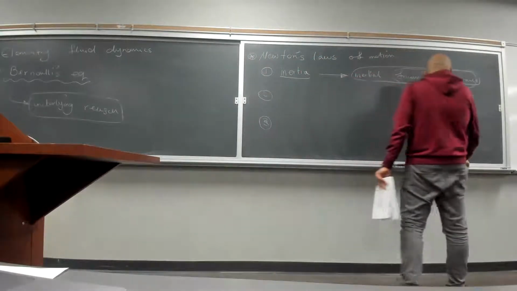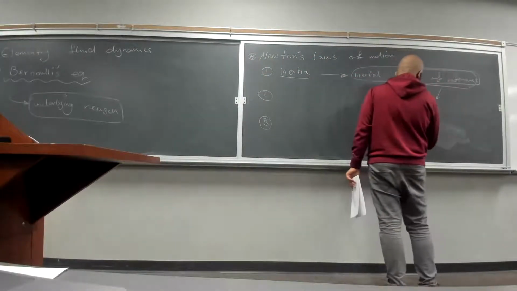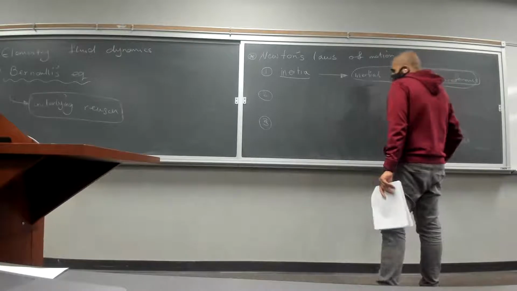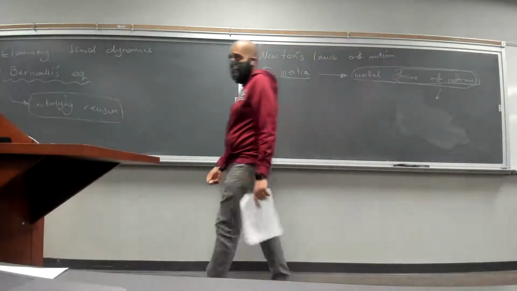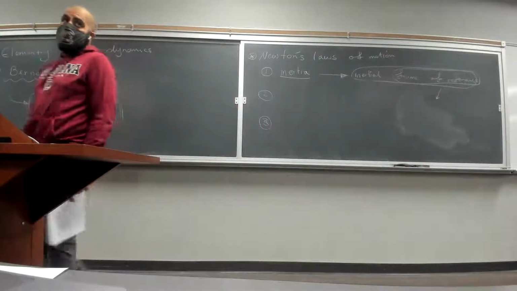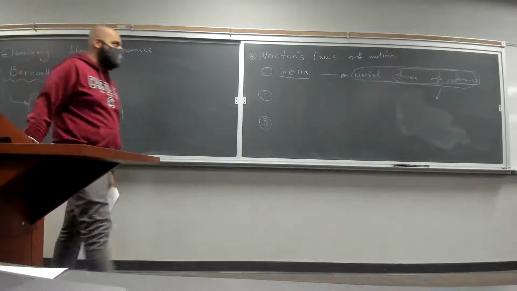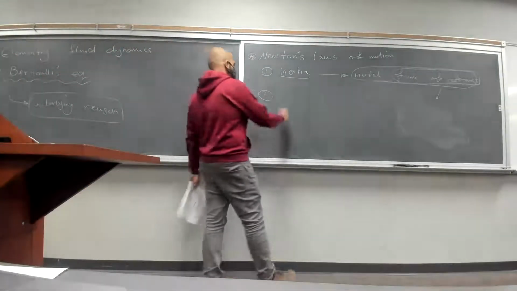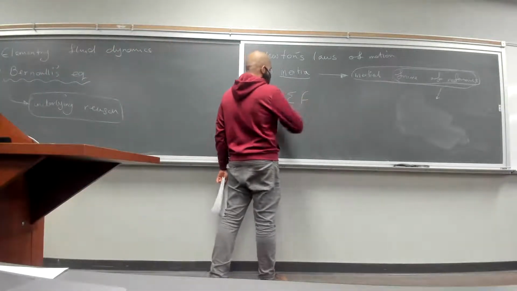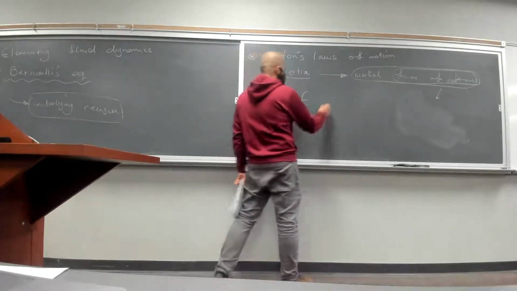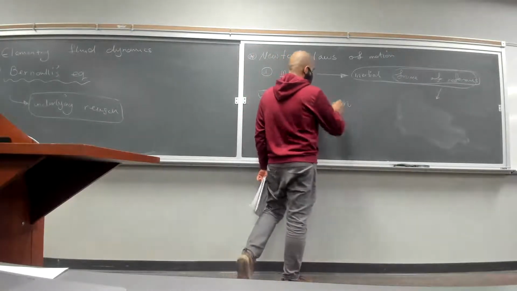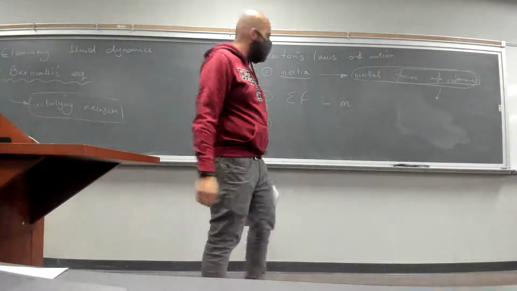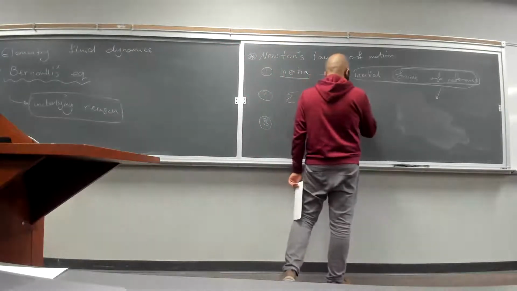What is the second Newton's law? Again, for an inertial frame of reference, the summation of all the forces has to be equal to the mass of your object multiplied by its acceleration.